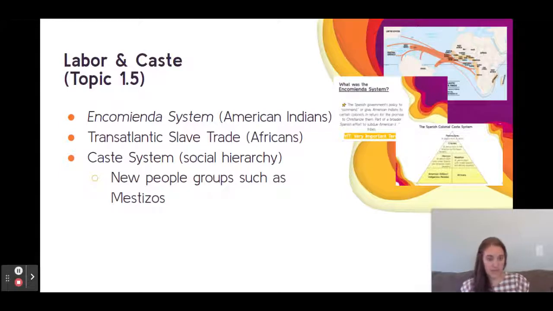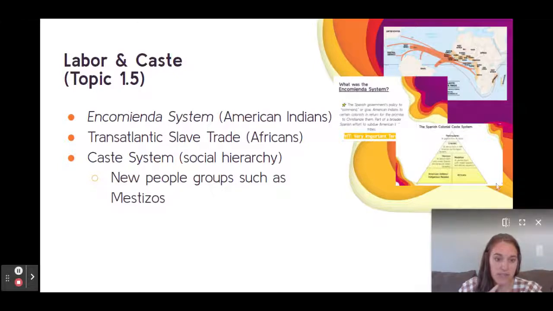Okay, and now because of this new combination of groups of people, we see a caste system, a social hierarchy, a very strict, rigid set of rules regarding what different groups of people were able to do and the wealth and the freedoms that they had. And we see new people groups developing as well.